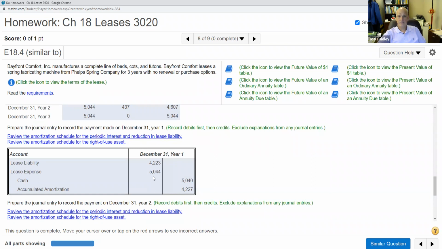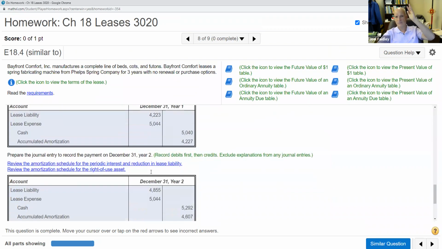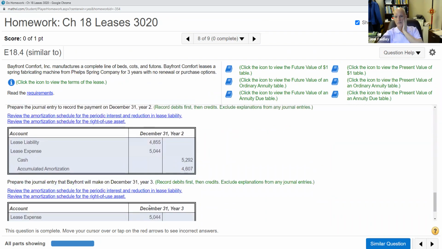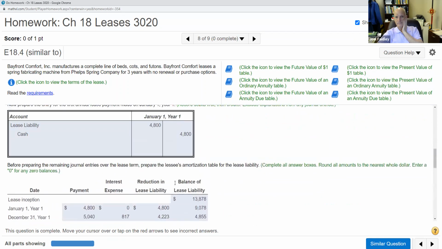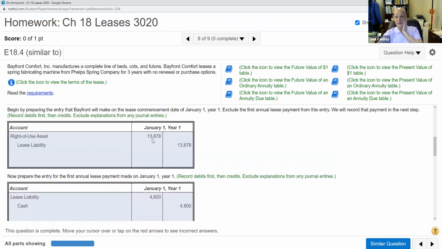Lease expense, 5,044, for that total of $15,132, divided by 3. You're going to have that all 3 years. And then there's my accumulated amortization, which is 4,227. The amortization is going to have to add up to the 13,878 back up here at the top.